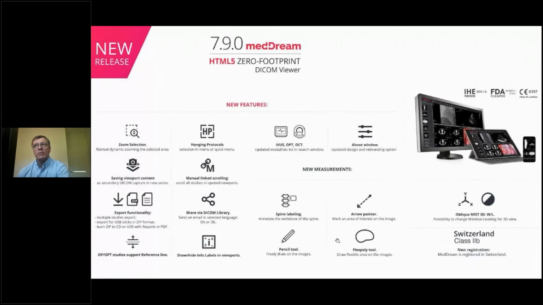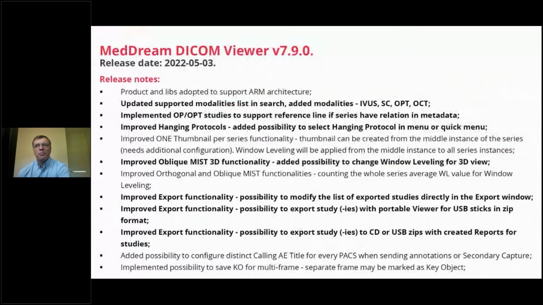So that was the 7.9 release, the most important, most visible features. And now we're going to the list of all updates. I highlighted the already announced visual features, but you can also go over all of the points which were created in our release.